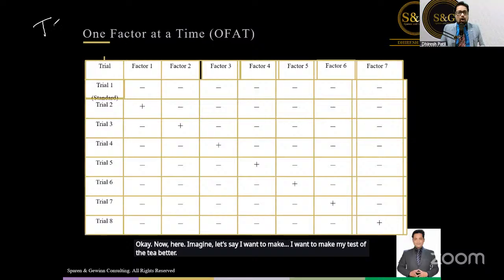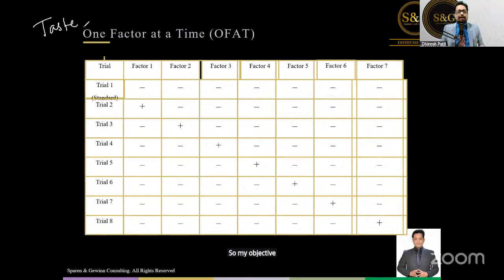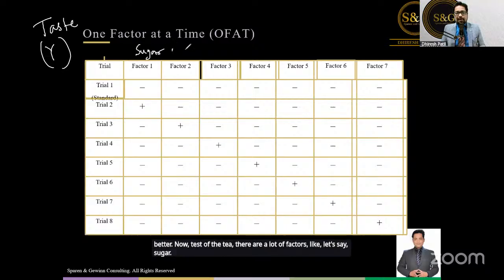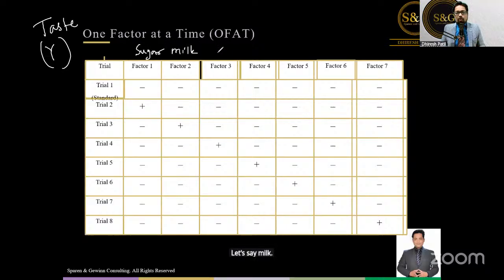So my objective is to make my taste, which is Y, my output, better. Now for the taste of the tea, there are a lot of factors like, let's say sugar, milk, water, tea powder, ginger quantity, and so on and so forth. There are so many factors.